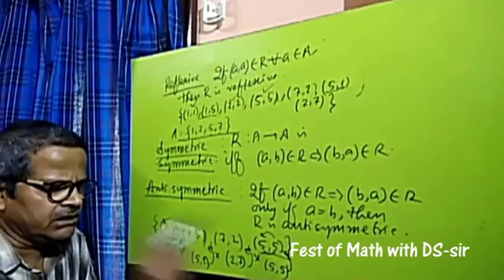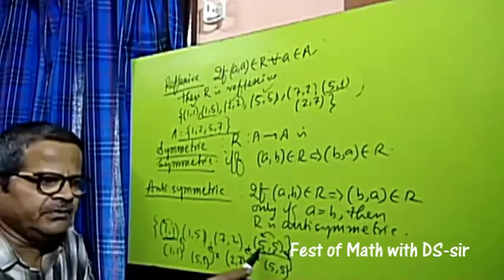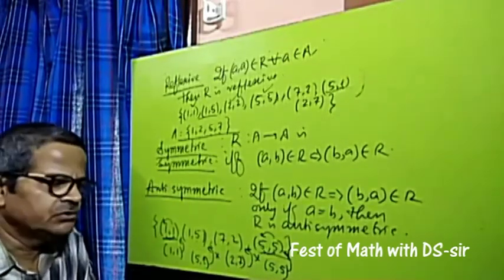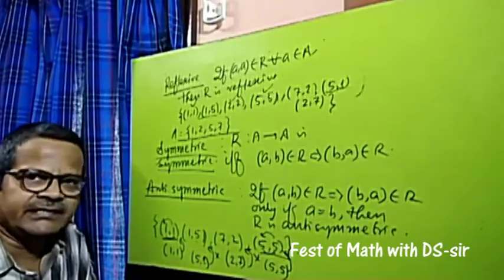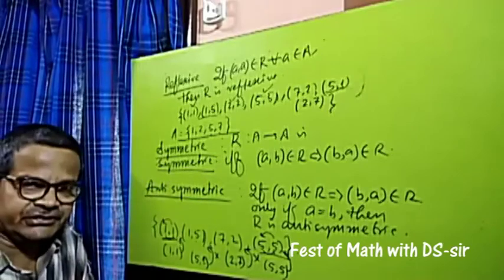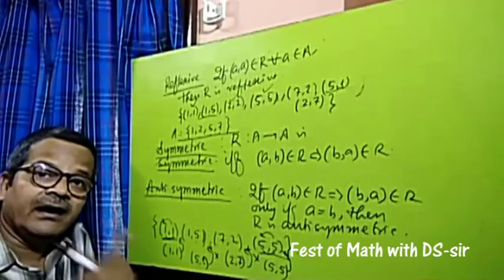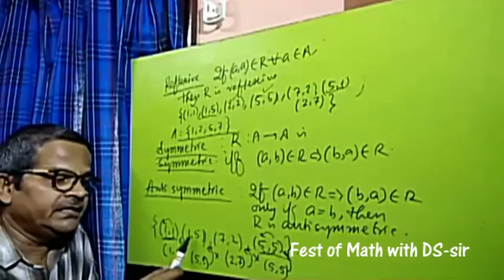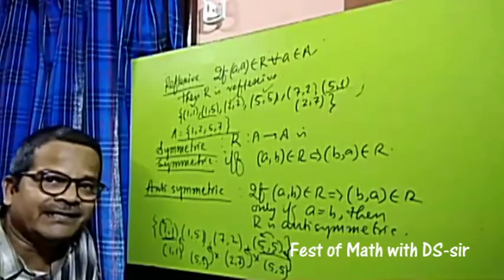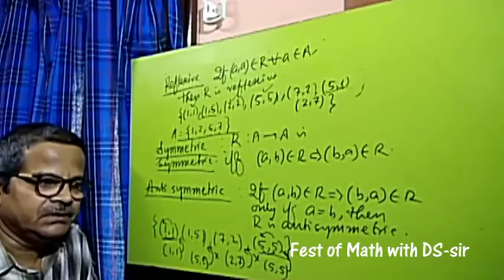In these two ordered pairs, the pre-image is 1, image is 1; pre-image is 5, image is 5. So this relation shows symmetricity when image and pre-image are identical. When they are non-identical, it never shows symmetricity.